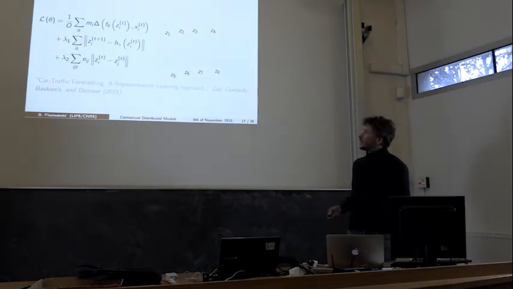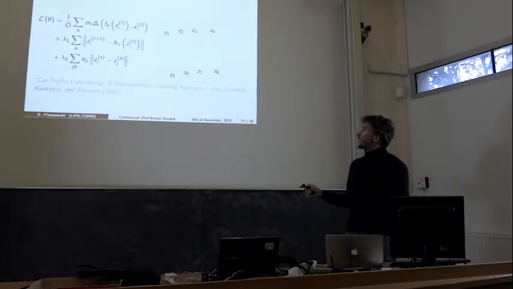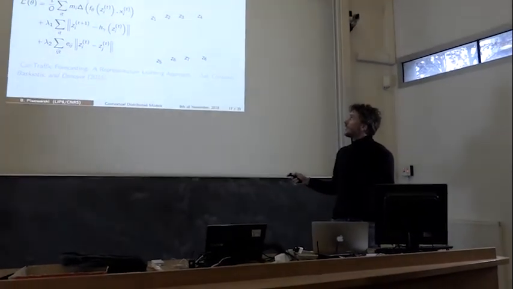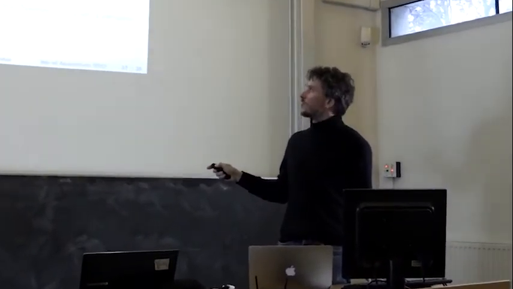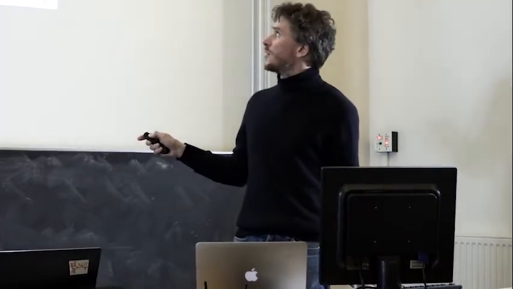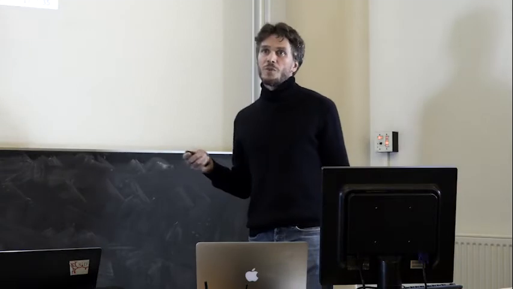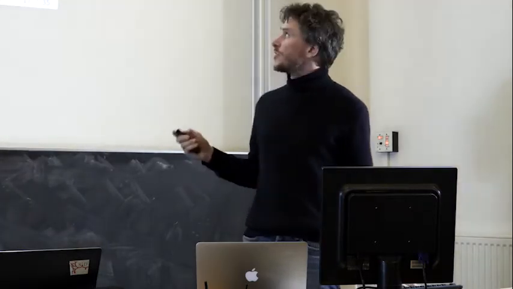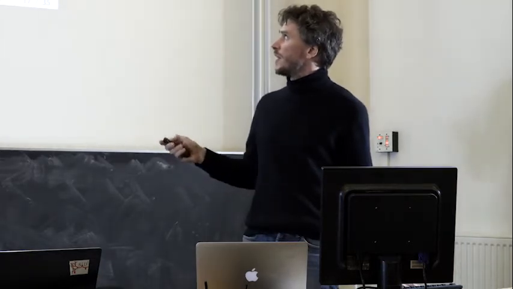Then you have a second thing, which is the dynamic process, which is basically trying to predict the next state in the representation space as a function of the previous state. So this is h gamma of z i here. And the third component of the cost function, which is used to learn all the z i's, the theta, and the gammas, which are the parameters of h.